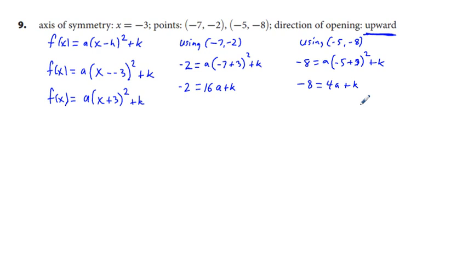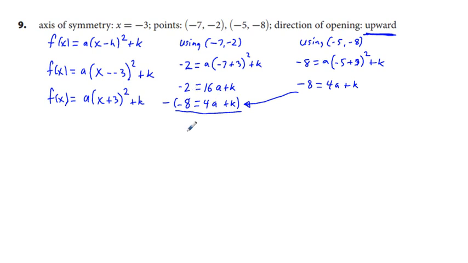So we're going to go ahead and solve this system. What I'm going to do is take this equation here, I'm going to solve it a little differently than the last one. I'm going to take this equation right below the other one. So we have negative 8 equals 4a plus k. And what I'm going to do to eliminate a variable here is subtract this equation on the bottom.